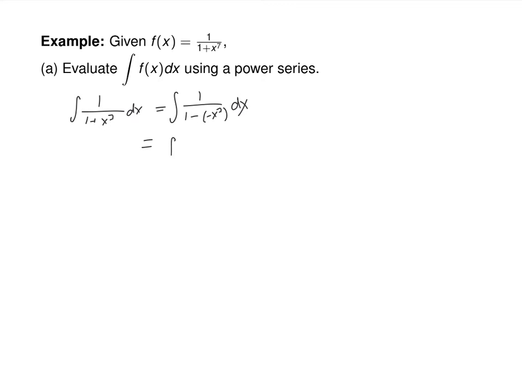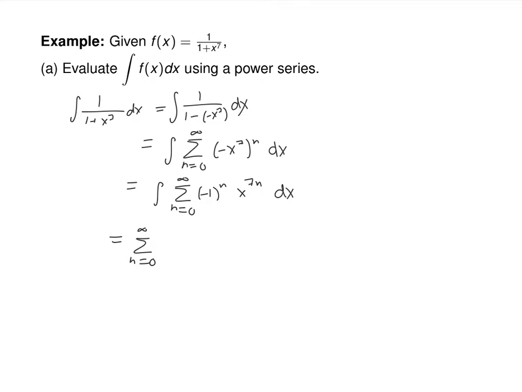So that's the same thing as the integral of the sum from n equals 0 to infinity of (negative x to the 7th) to the n, or the integral of the sum from 0 to infinity of negative 1 to the n x to the 7n dx, which is the sum from n equals 0 to infinity of negative 1 to the n. We antidifferentiate this x to the 7n. We have x to the 7n plus 1 over 7n plus 1 plus some constant c.